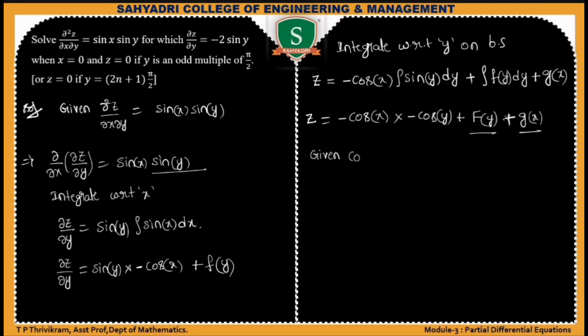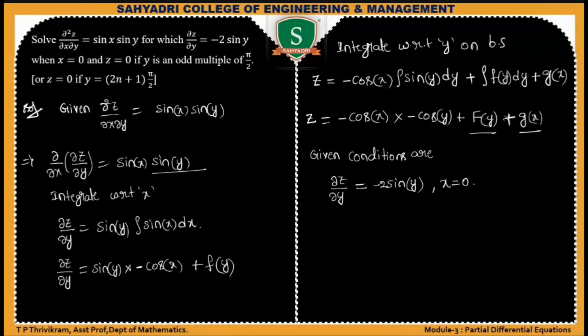To find this, look at the conditions they have given. They are ∂z/∂y is equal to minus 2 sin y, comma x equal to 0, which you have to take.